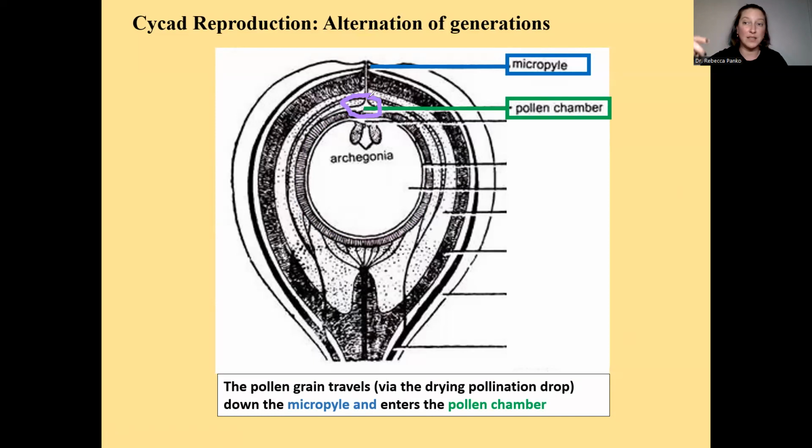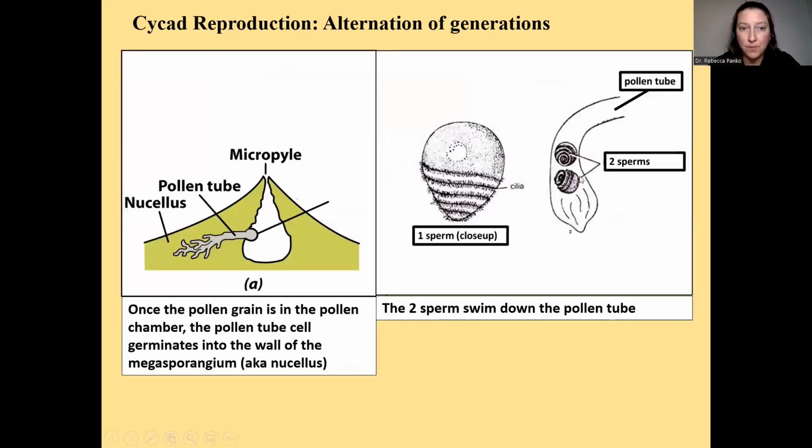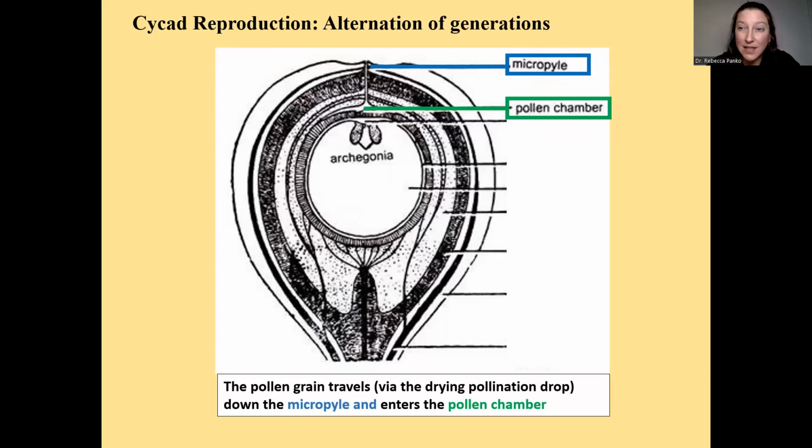So the pollen grains at this point are inside of the ovule, but they're not inside of the Microsporangium yet. And they have to get in there because that's where the female gametophyte is. So the pollen grains in the pollen chamber will land on the outside of the Microsporangium, the purple thing here.